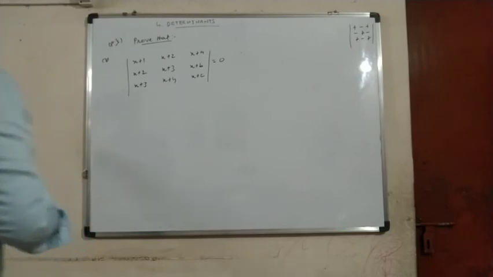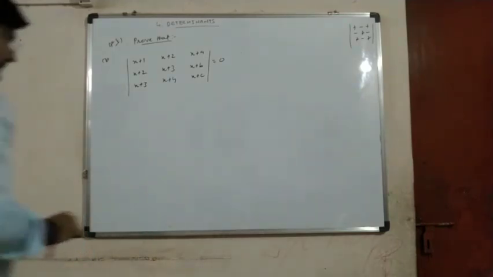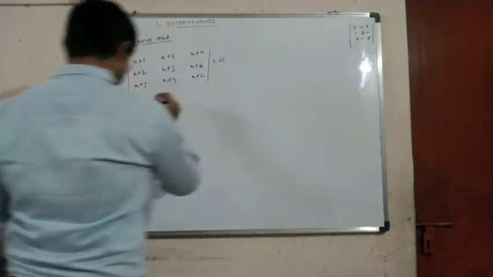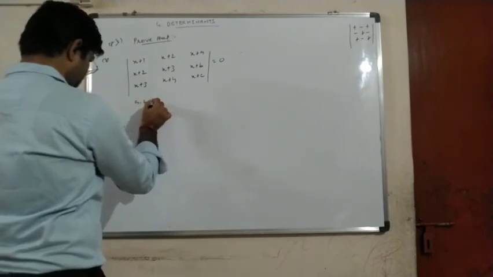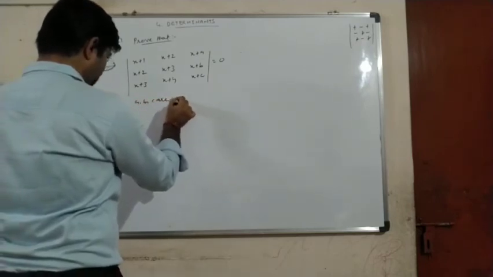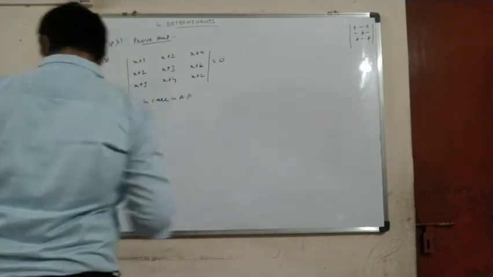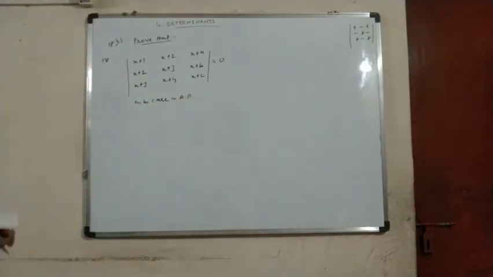A, B, C are in AP, it is given. It is given here that A, B and C are in arithmetic progression. We have to prove that the determinant is equal to 0.